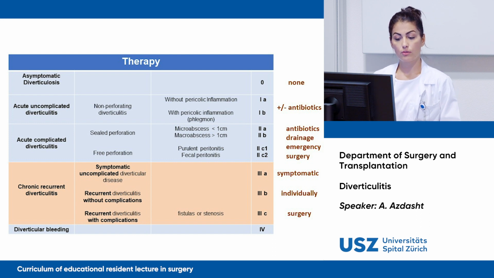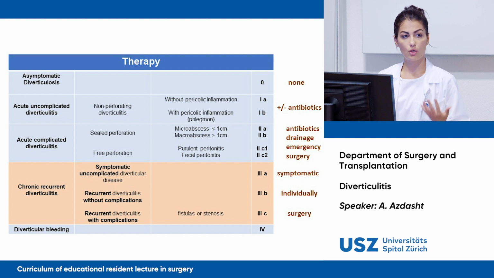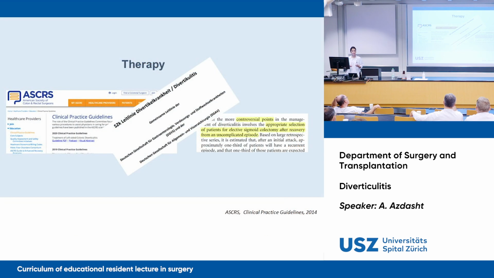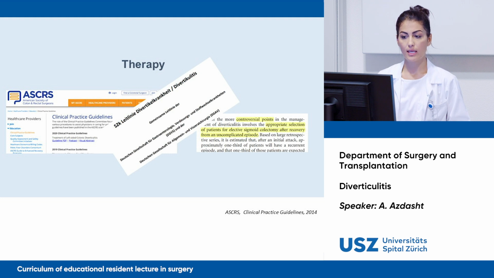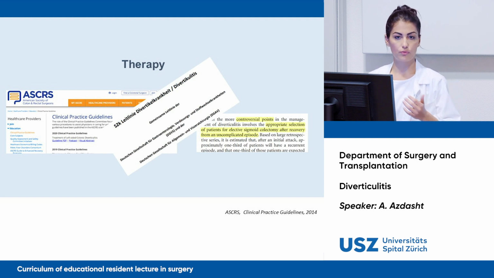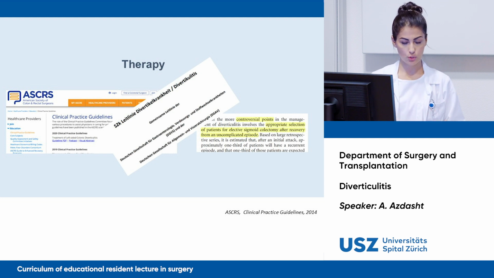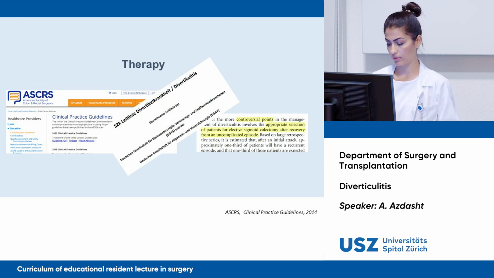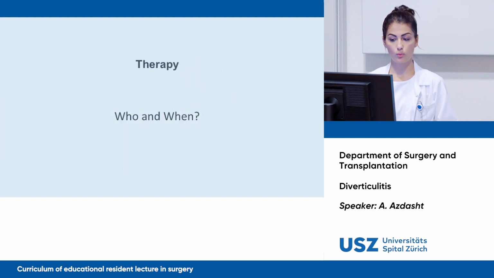In the situation of a recurrent diverticulitis without complications, you really have to go individually. There is no clear guideline what to do. There is the American Society of Colon and Rectal Surgeons, as well as the German guideline. They say you should go for individual therapy, you should see what the patient wants, and you should see what is best for the patient, obviously. So who and when is operated?